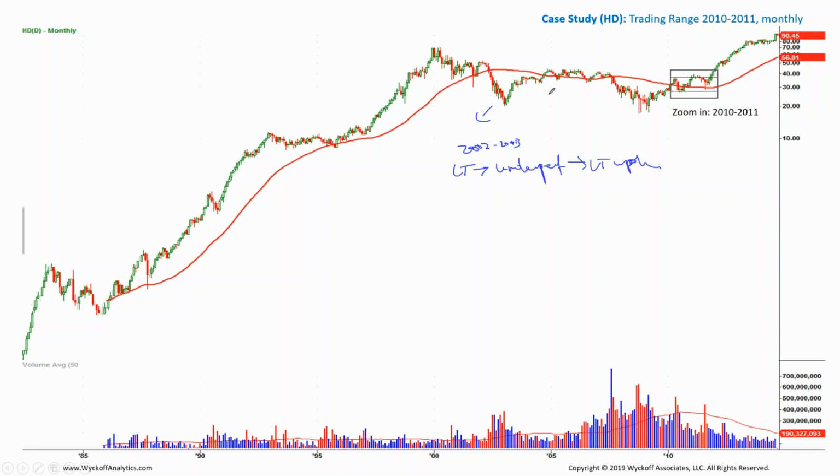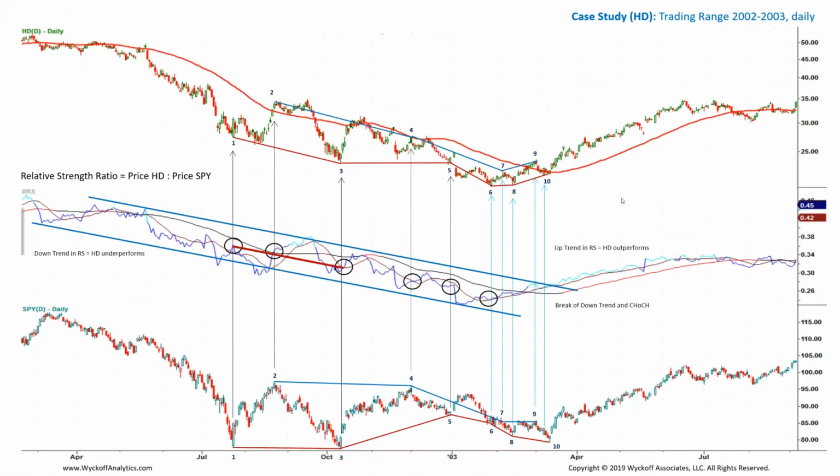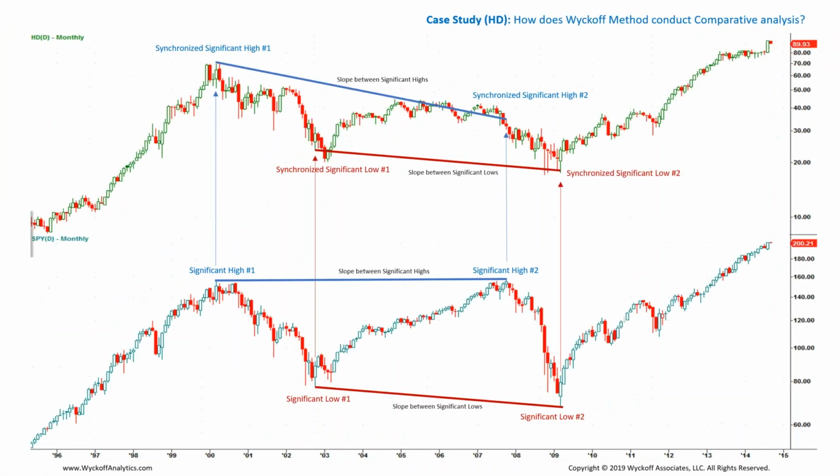Okay, well, we know what the market has done here, right? And we know what the stock has done here. Actually, probably would be even better to see on a different chart. Let me just go to this chart right here. So we said in 2002, 2003, long-term underperformance and short-term outperformance.